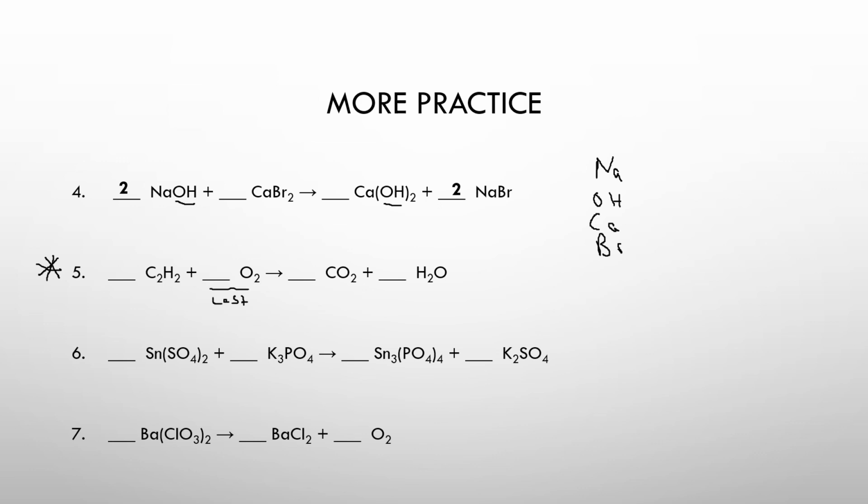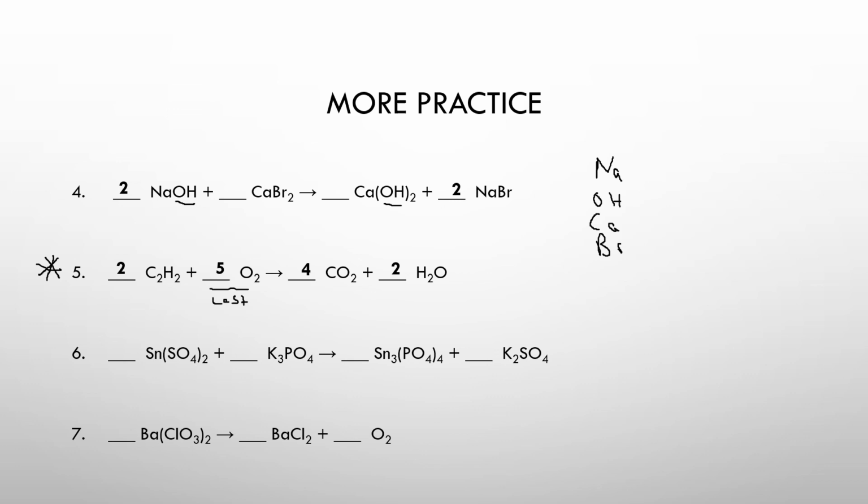And if I put a 2 there, that means I've got to put a 2 over here in front of the C2H2. And then I can go from there. All right, that's really the only trick I have, and it's just for combustion. So again, for this one, I personally start with the H2Os, and I'm going to have to put some kind of even number in that blank, just because nothing times 1 is going to give me an even number over there.